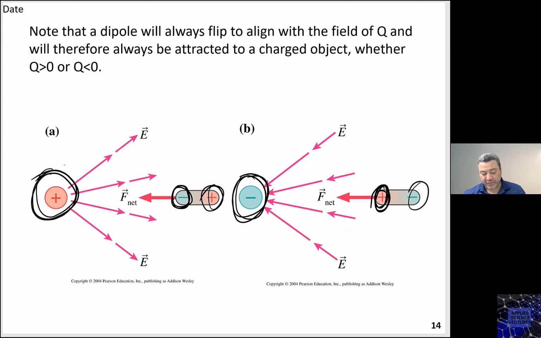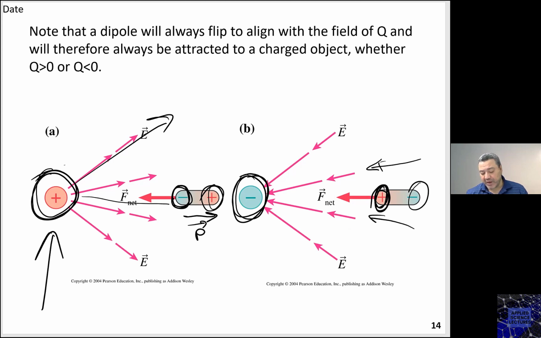Now look at the electric field here for the positive charge. The electric field is pointing away, right? Look at the dipole moment. The dipole moment is aligning with the electric field. Now look at the electric field here, pointing toward the negative charge, right? Look at the dipole moment.